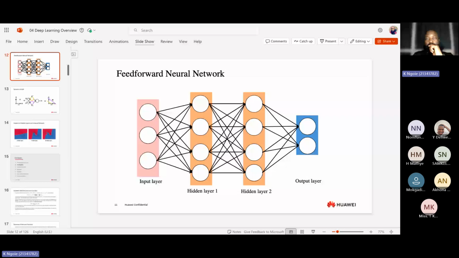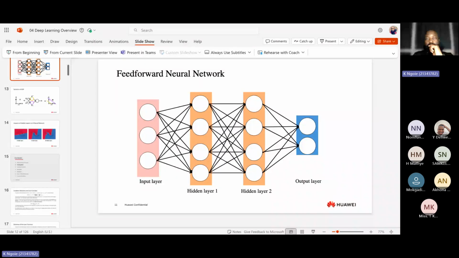Okay, so when we talk about activation functions, we're going to talk about different types of functions such as the sigmoid function, softmax function, and ReLU function.